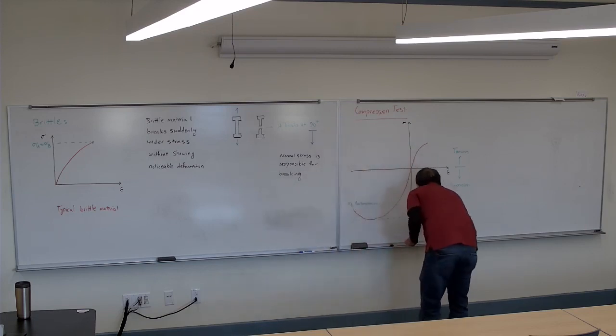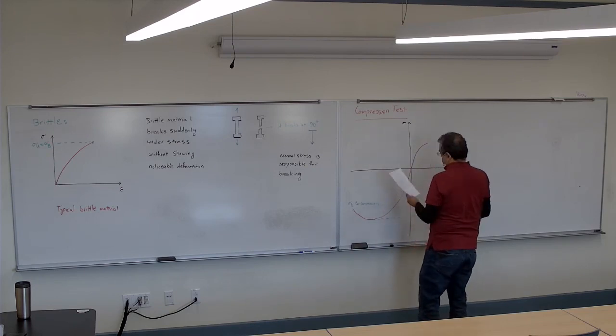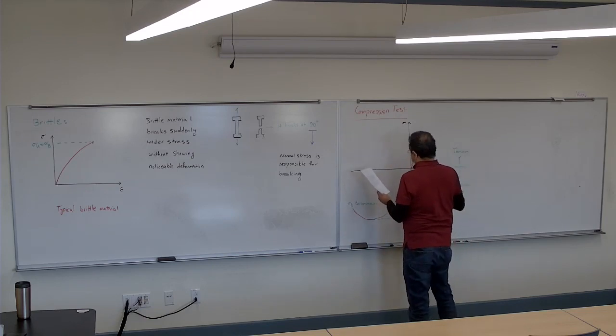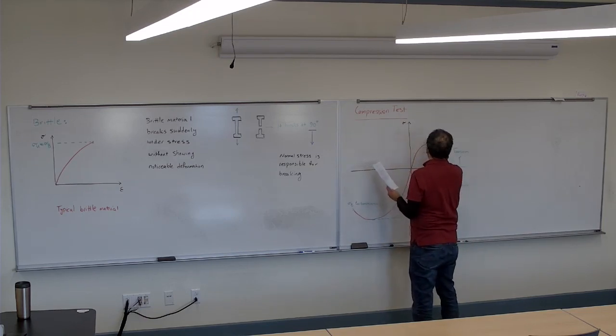That is the sigma u for compression. And then again here, you have sigma b for tension.